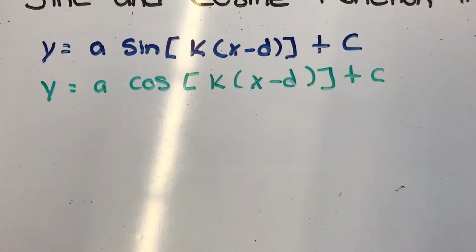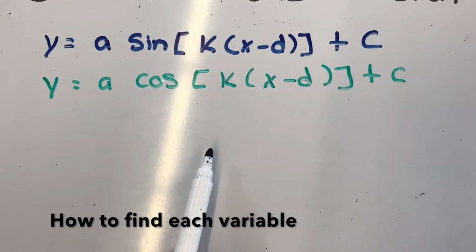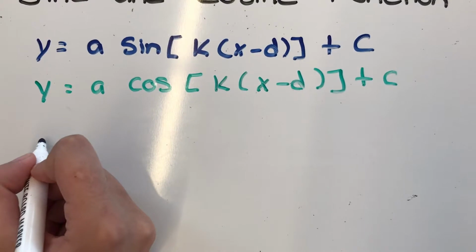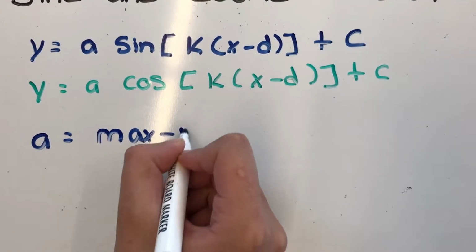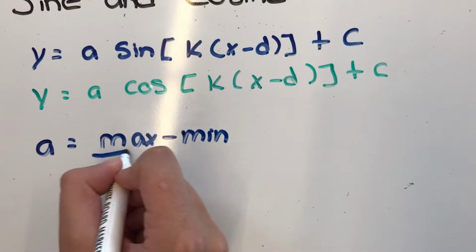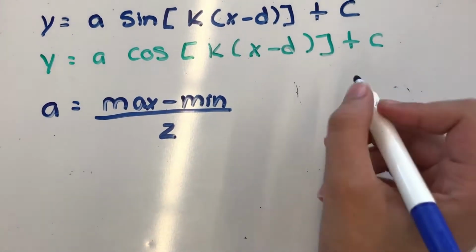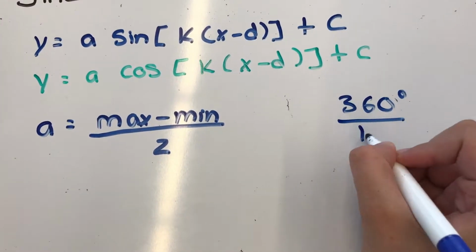Before we go on to the next topic, I just wanted to talk about what each of these variables mean. So A is your amplitude, so A equals max minus min over 2. The period, which is represented by the k value, is 360 degrees over k.